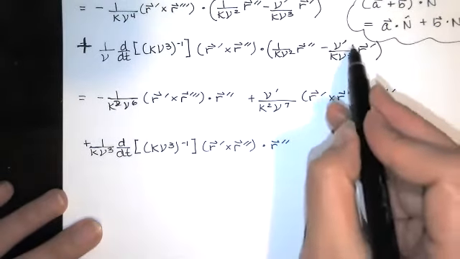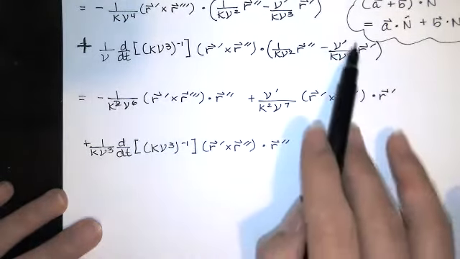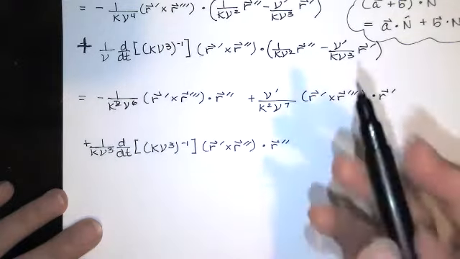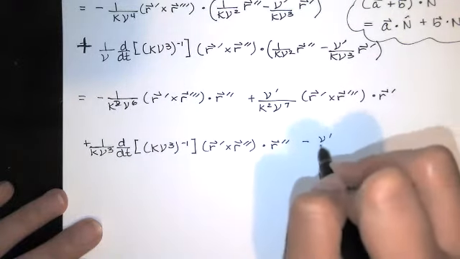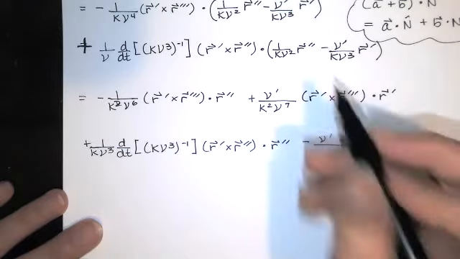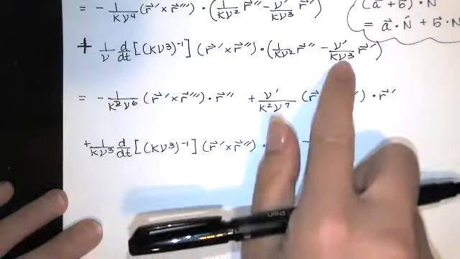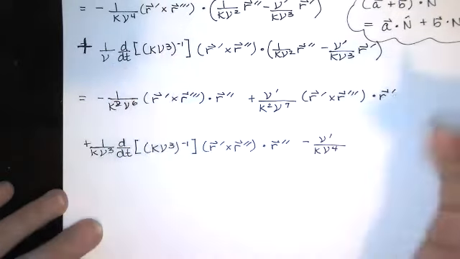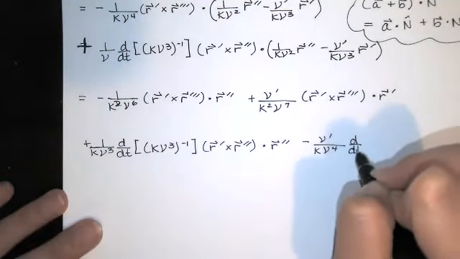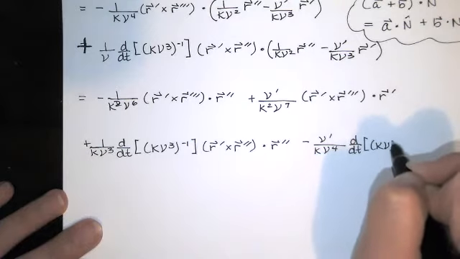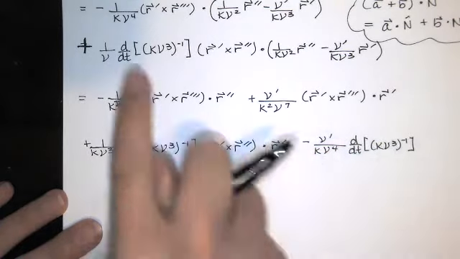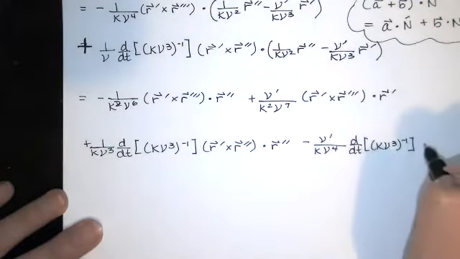And you can factor that out as well, that scalar function and the scalar function. So we're going to end up with negative nu prime over kappa times nu to the fourth from that nu cubed and that nu. And then we still have the derivative of this guy. And then we've got that cross product dotted with r prime.